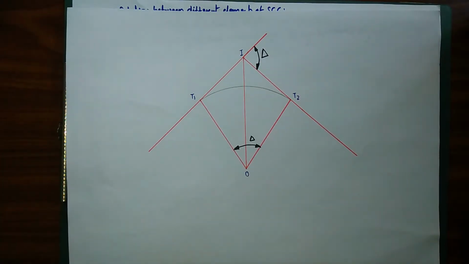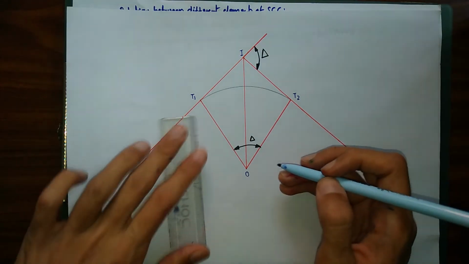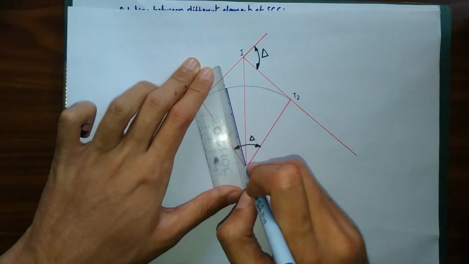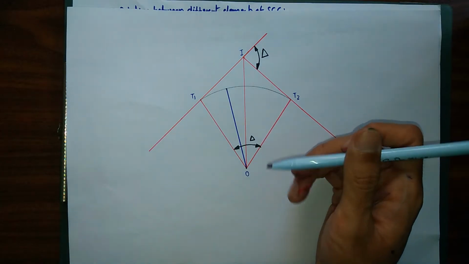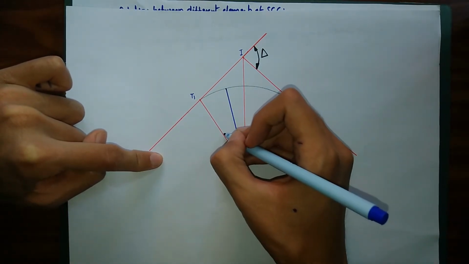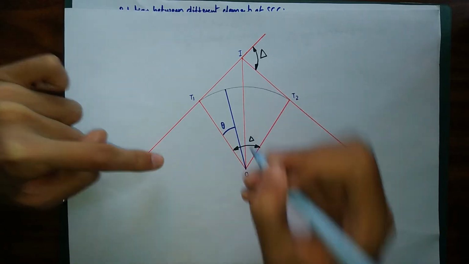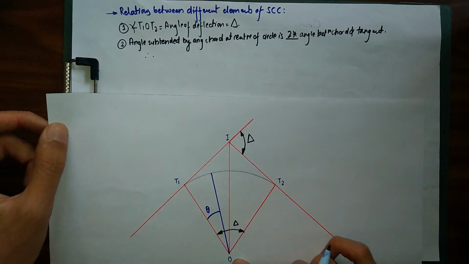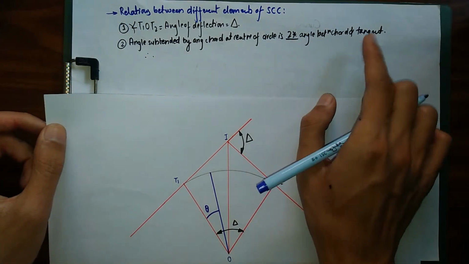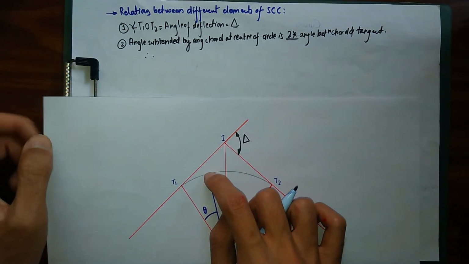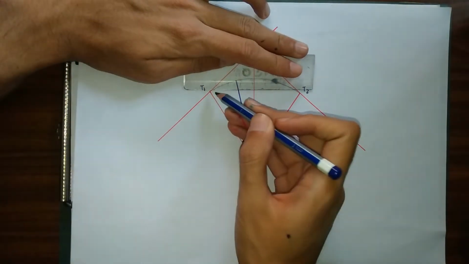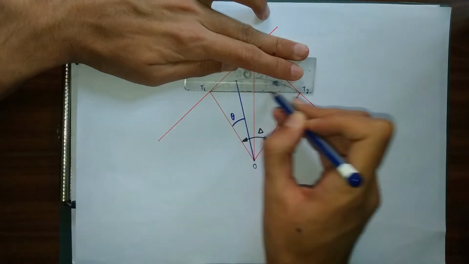So let me draw any chord. Right now I am drawing a chord over here from, let's say, this point to the center. The angle subtended by the chord, we are going to name this angle theta. Angle subtended by any chord at the center of the circle is twice the angle between chord and the tangent. So let me join the line T1 and T2 over here firstly.